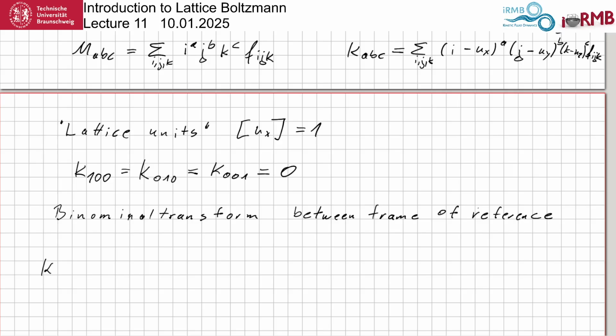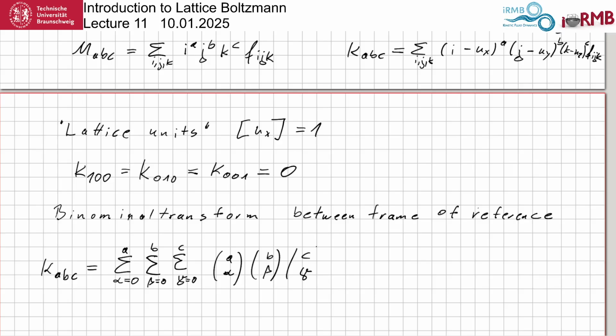So the central moment K_abc is the sum over alpha from 0 to a, into the sum over beta from 0 to b, into the sum over gamma from 0 to c, of the binomials, a over alpha, b over beta, c over gamma.